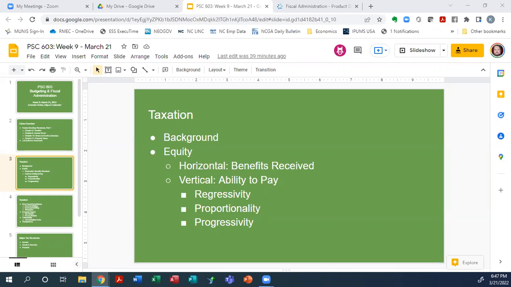That there's a constant relationship, yes. So in the purest form, a flat income tax would be an example of a tax having proportional vertical equity, because that tax would be set at a certain rate, say 5%, and you would pay 5% of your income, whether you had $1 or you had $1 million.